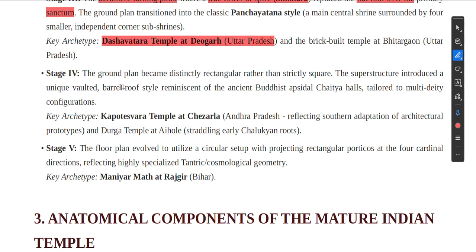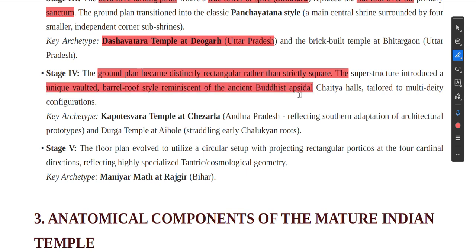Then comes stage 4, where the ground plan became distinctively rectangular rather than strictly square. The superstructure introduced a unique vaulted barrel roof style reminiscent of the ancient Buddhist chaitya halls, tailored to multi-deity configurations.